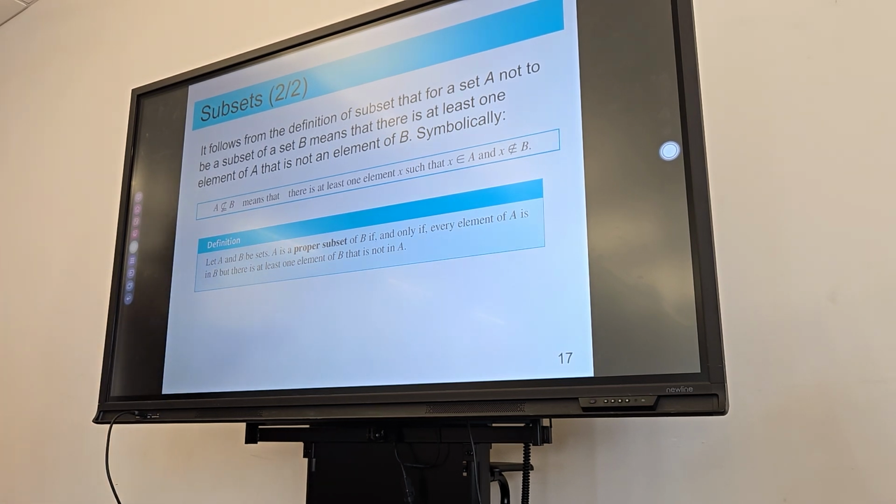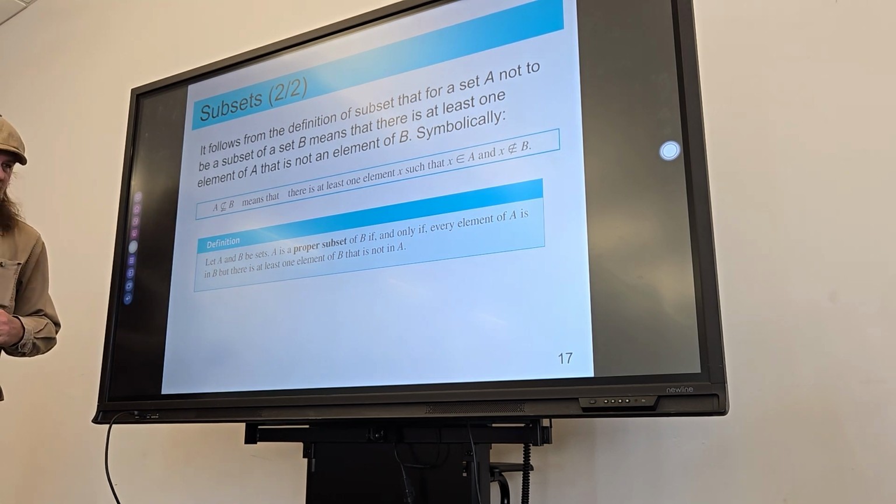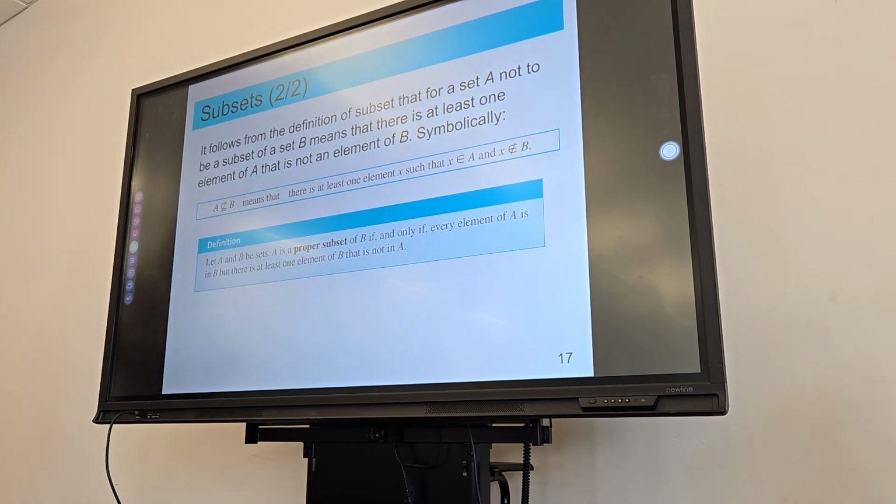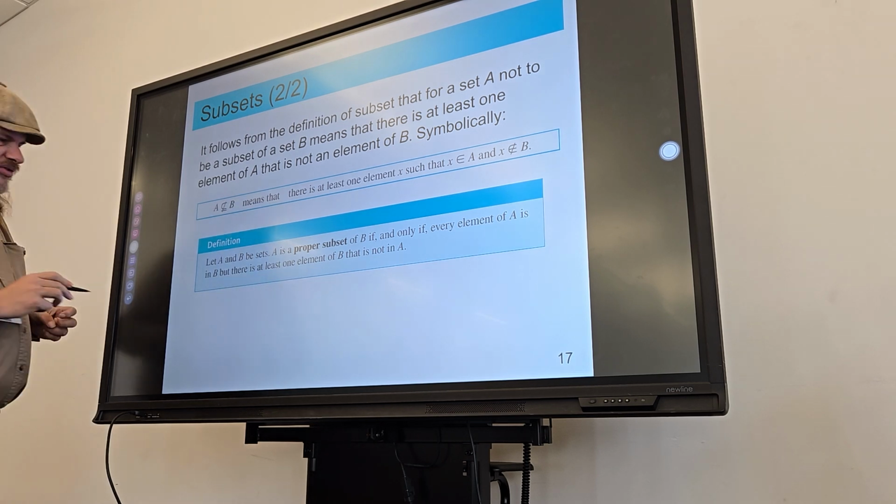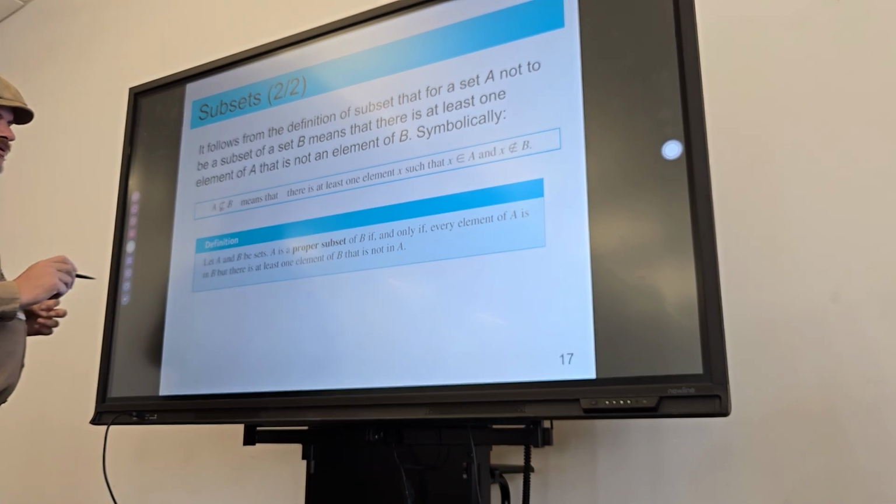Now there's also what's called the proper subset. A is a proper subset of B if and only if every element of A is in B, but there's at least one element of B that is not in A. So they can't be equal. I haven't seen this in the book yet, but I seem to remember this from some math class that I've taken before.